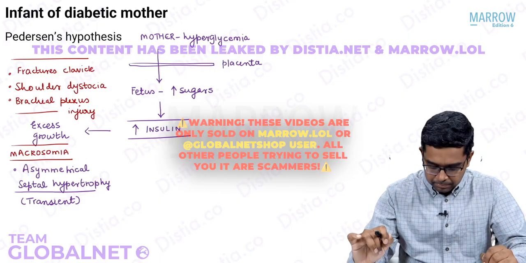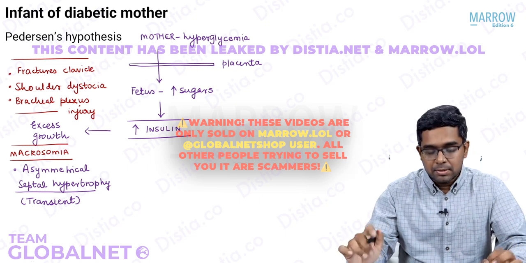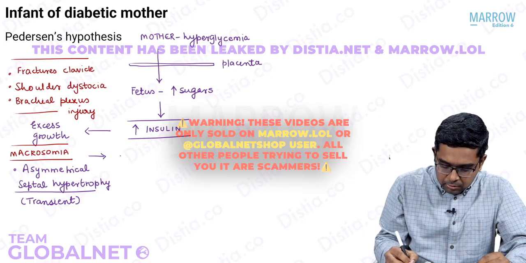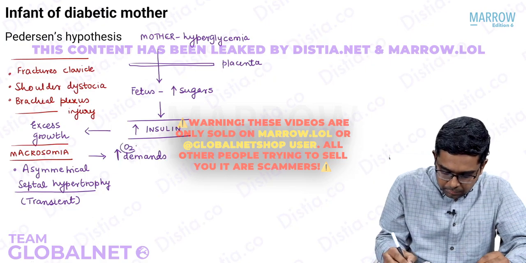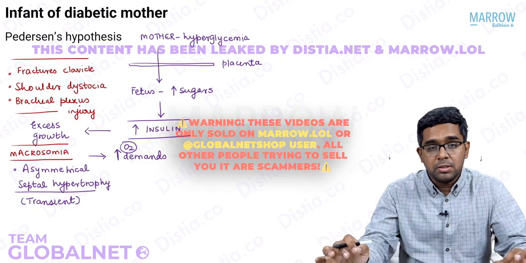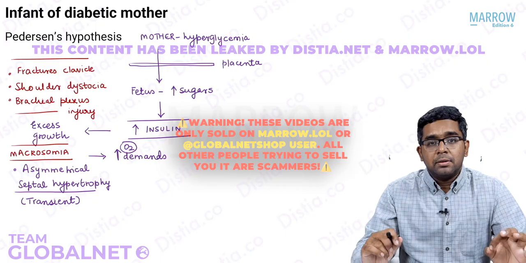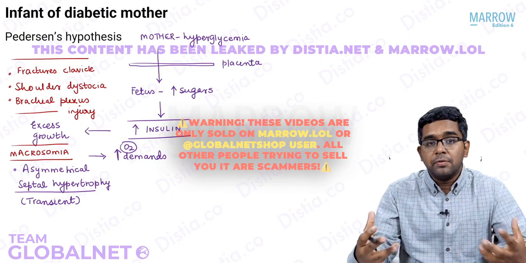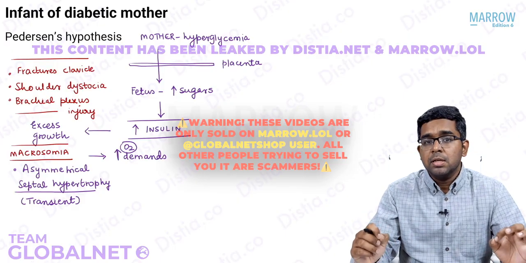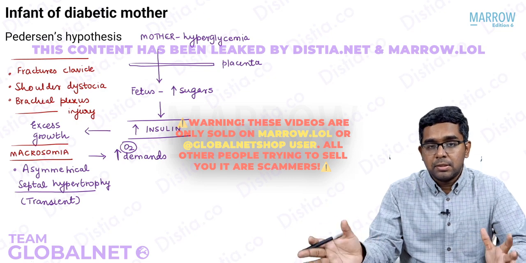Okay, that's a point to be remembered. It's a transient condition. Think like this: whenever the baby is big in size, there is increased demand of the body tissues. Let us talk about oxygen demands. The body requires a lot of oxygen because there is a lot of tissue inside the body. Now remember, if the oxygen demands are more, then the body has to produce a lot of RBCs as well. Why? Because the RBCs are the ones which are going to deliver the oxygen to the tissues.